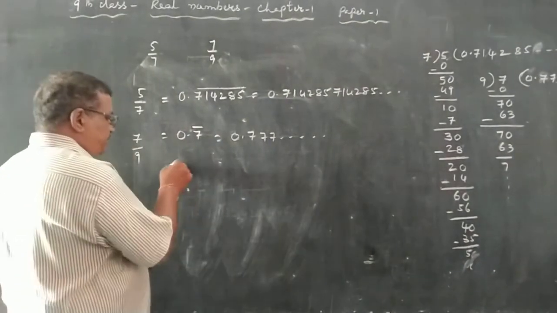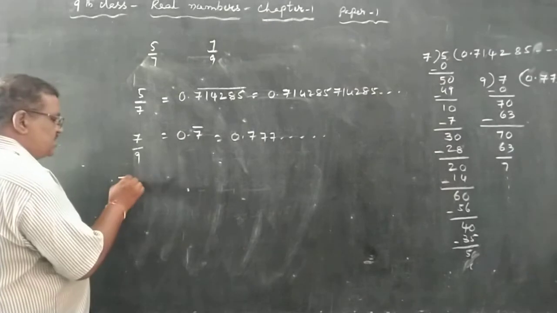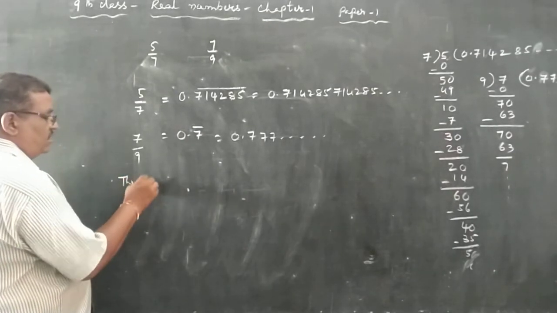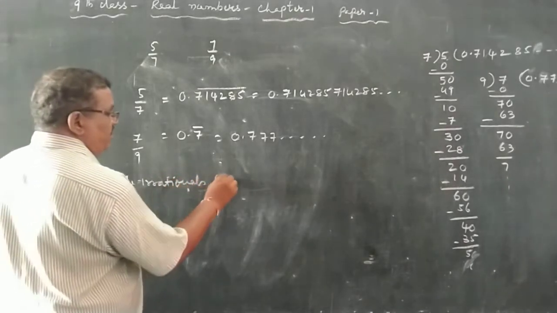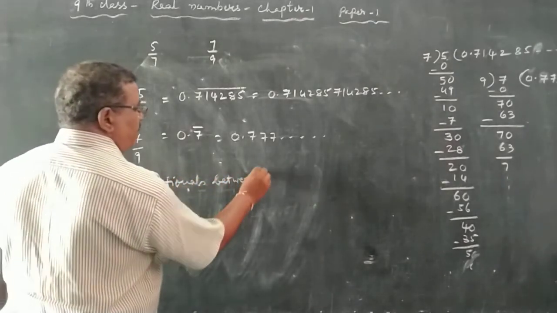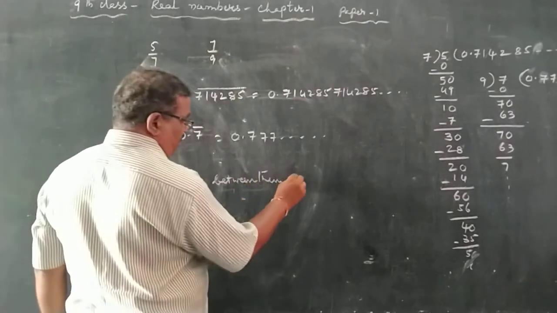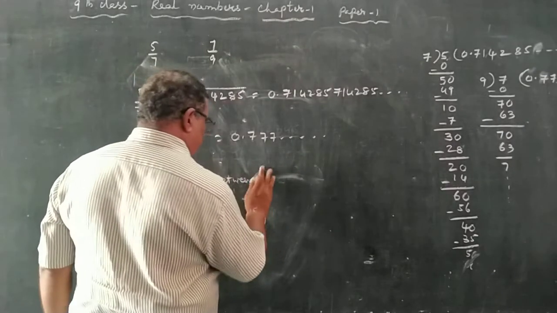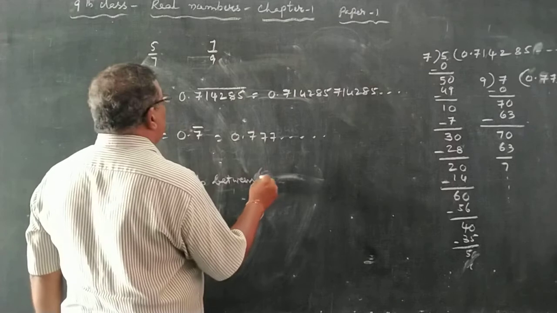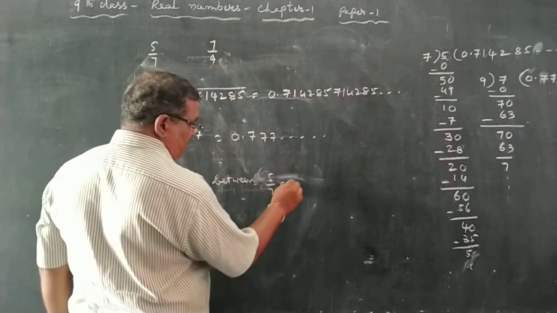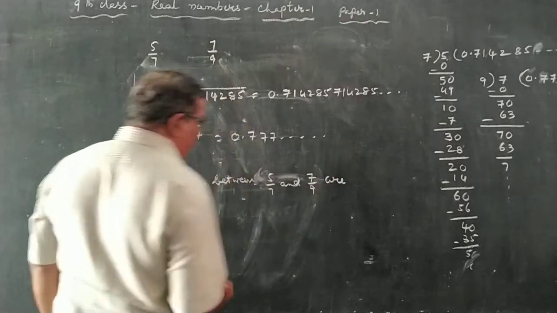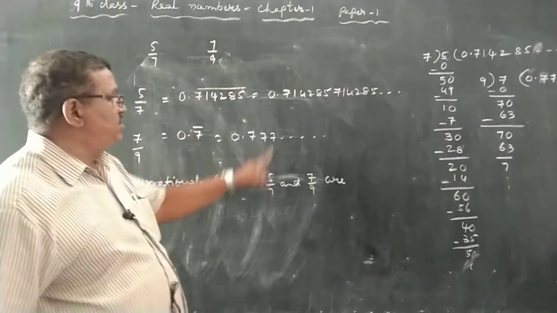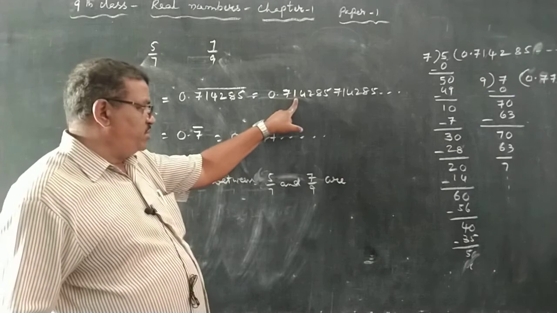One time check. The irrationals between 5/7 and 7/9, how many are there? See, the value of this one is approximately 0.71.